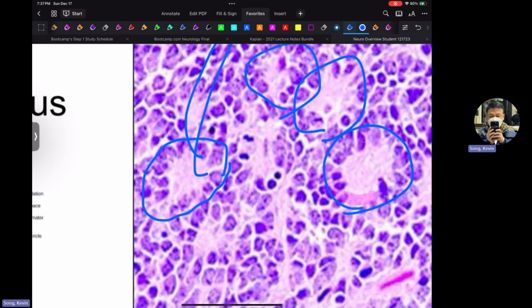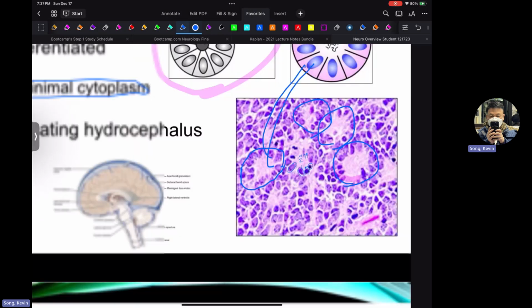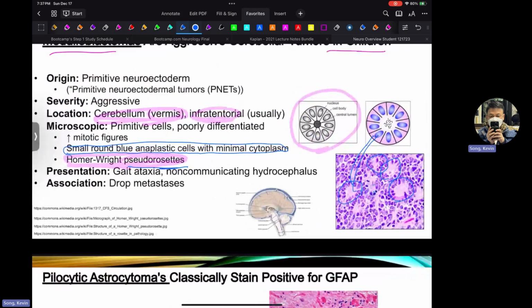Small, because if you look at this, there are small cells in here, right? Small cells with minimal cytoplasm. The cells have a very big N/C ratio. N/C is big, so the cytoplasm is very small, right? This is almost no cytoplasm here. Small cells. Okay, so that's what the pseudorosette means.